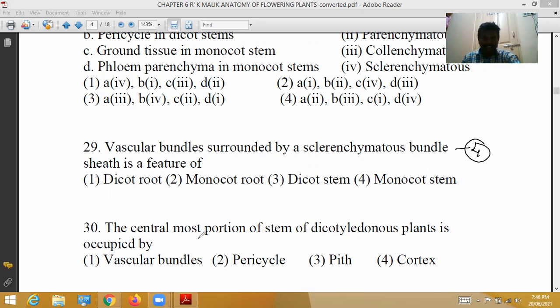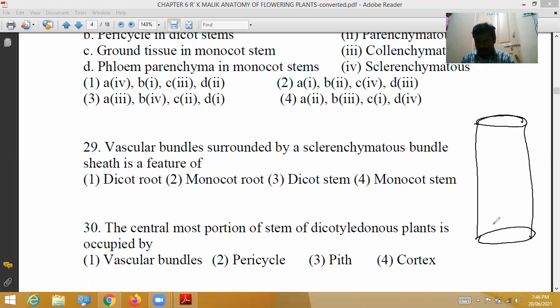Next, 30th question. The centralmost part of the stem of dicotyledonous plants is occupied by what? It is the stem, and this is the centralmost part of the dicot stem, commonly called pith.